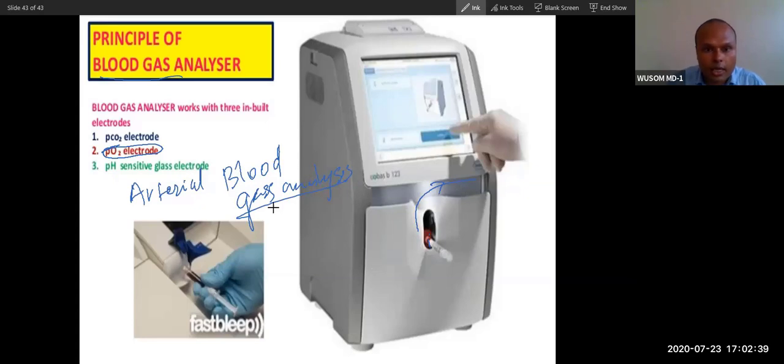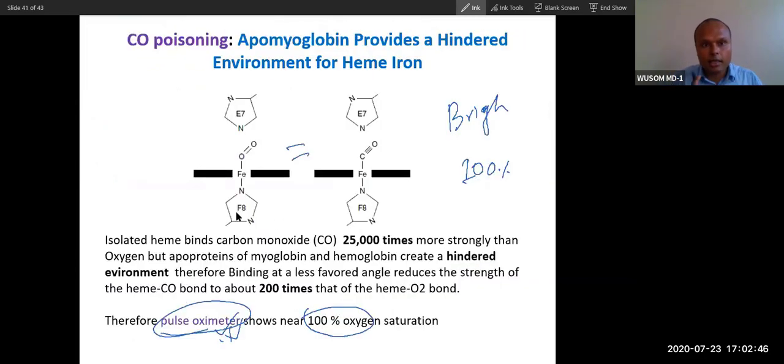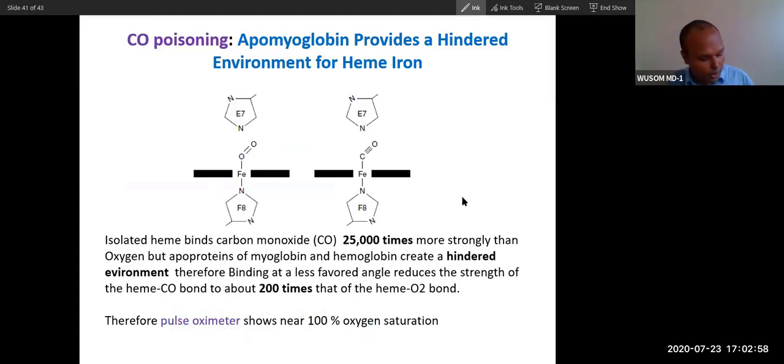So ABG is the important method you can use to detect carbon monoxide poisoning. The pulse oximeter is irrelevant here, but during corona time, the pulse oximeter is very important.